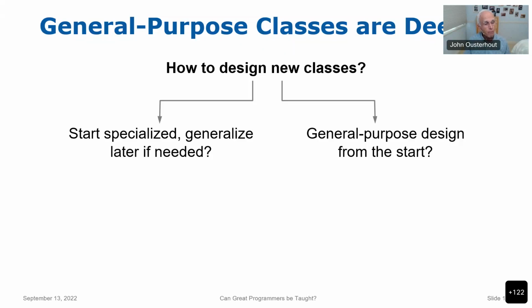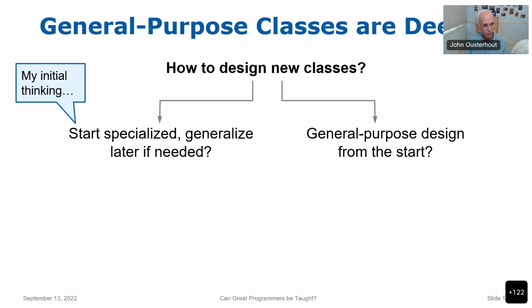One way is I can build something that's specialized, that meets my needs today, and then come along later on and generalize it if need be. Or I can try and build a general purpose class. And I faced this problem myself for years and struggled trying to figure out what's the best approach. Should I make things general purpose or should I make them special purpose for today's needs?